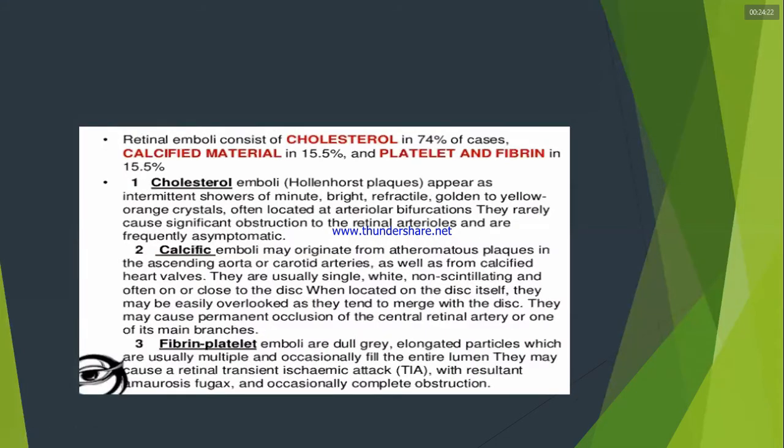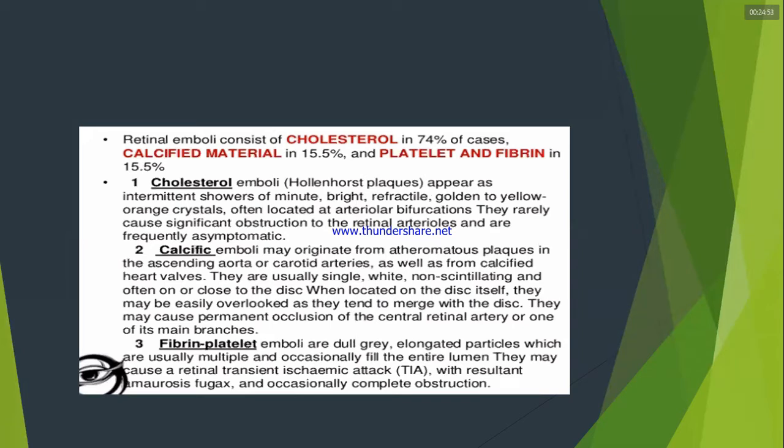Calcified emboli may originate from atheromatous plaques in the ascending aorta or carotid arteries, as well as from calcified heart valves. They are usually single, white, non-scintillating, and often on or close to the optic disc, and when located on the disc itself they can be easily overlooked, as they tend to merge with the disc.